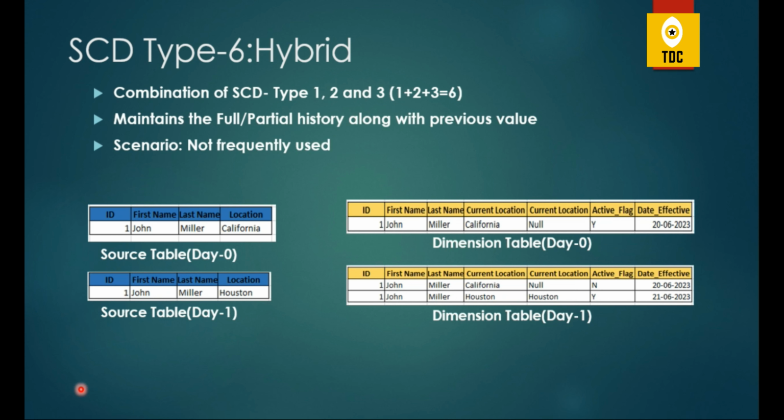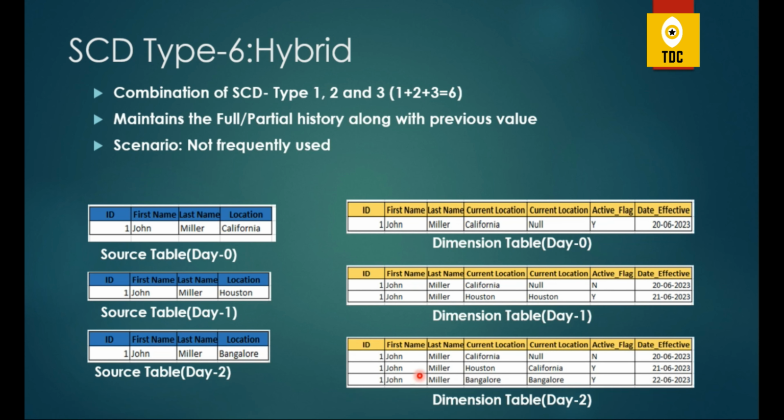SCD type 3 will be understood if you take one more day here, right? So if you see here SCD type 3, you can see in row 2, what happened on the 21st of June? Houston is the current location, but the previous location California is maintained here. If you take the current day, it's always Bangalore, Bangalore.